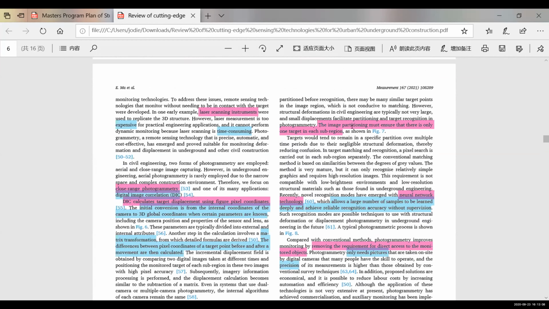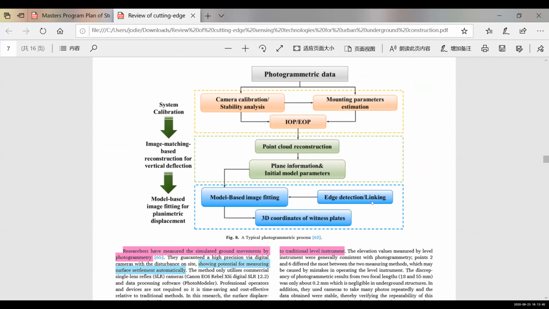There's a tunnel and there's only one point in each different subregion for the photogrammetry. And this picture shows the typical photogrammetry process. First, the calibration, and then the image-matching-based reconstruction for vertical deflection. And the next step is model-based image fitting for planimetric displacement.